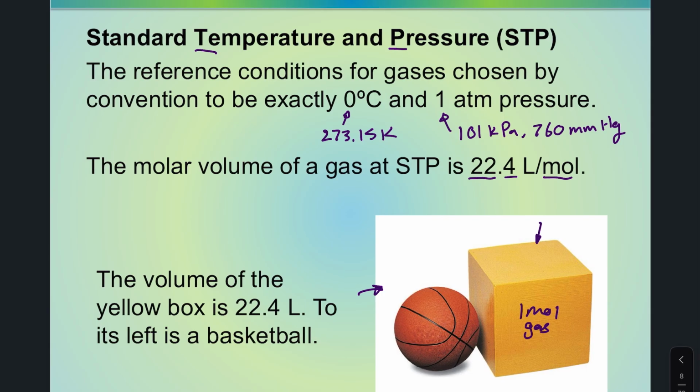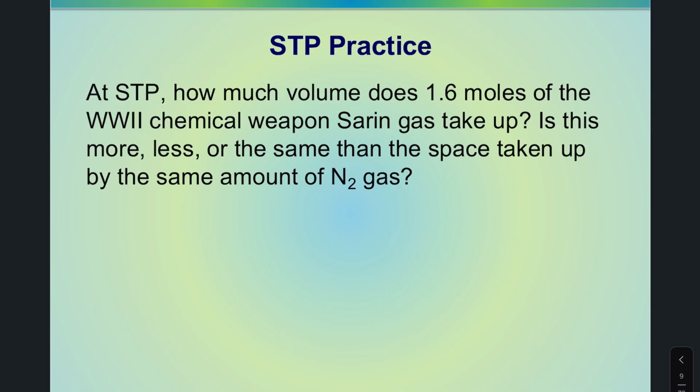And so if we were to give this a shot, we would say that at STP, how much volume does 1.6 moles of the World War chemical weapon sarin gas take up? Well, this is a gas. It doesn't matter what kind of gas you have. So if you have 1.6 moles of SG, put an L there.